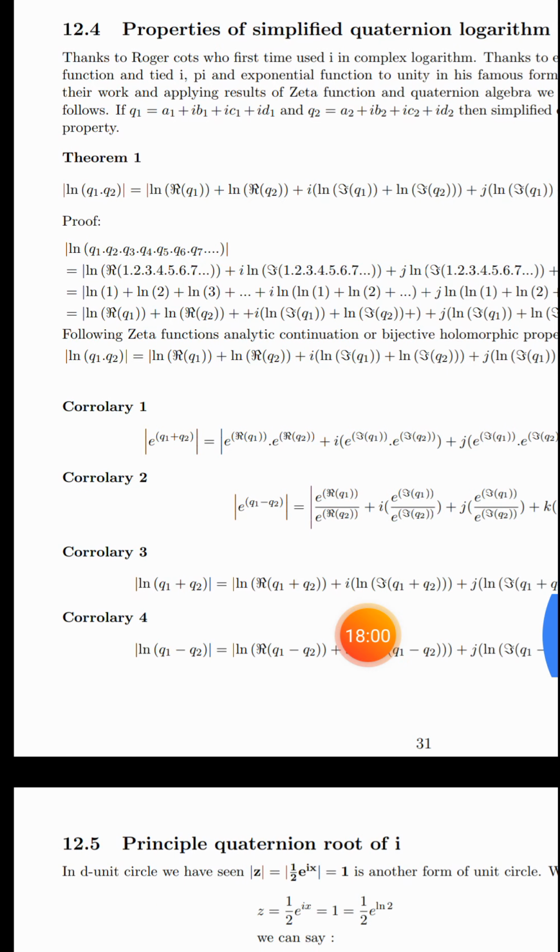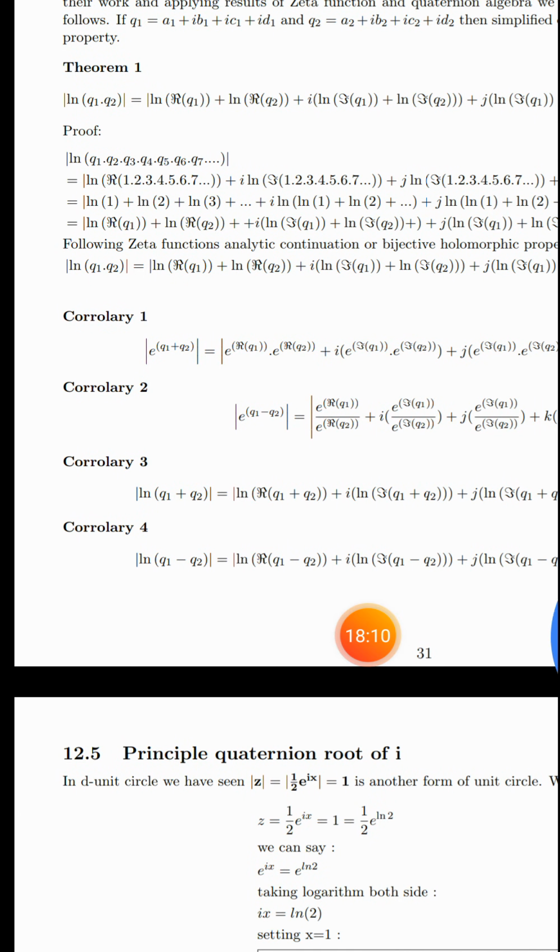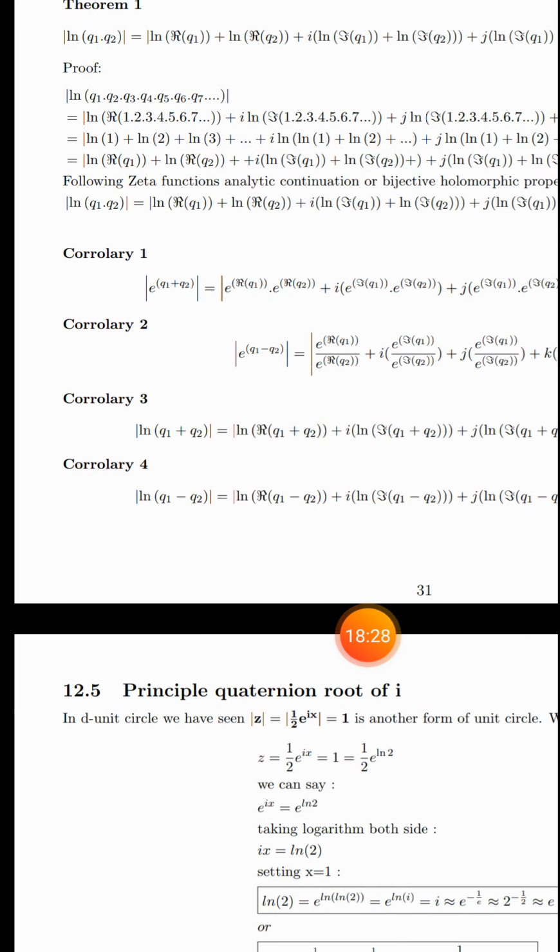This formula has a corollary also, which is nothing but the exponential form, and because it is applicable to q1 plus q2, where we do the quaternion regular vector addition, in that case also it will be true.